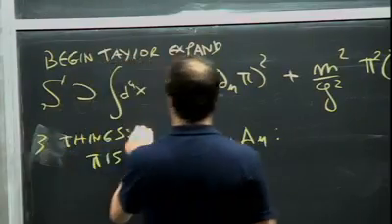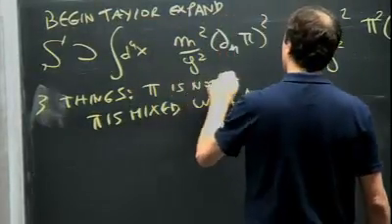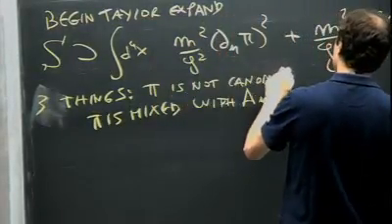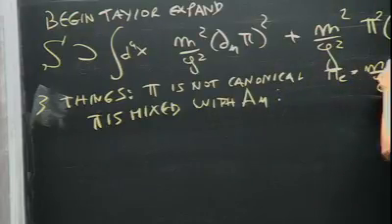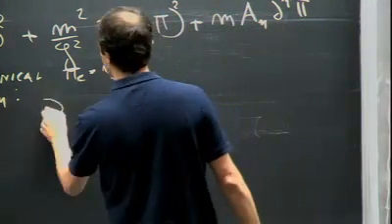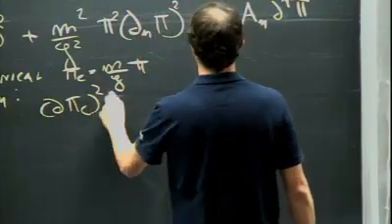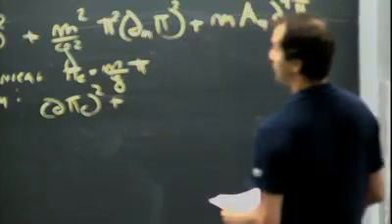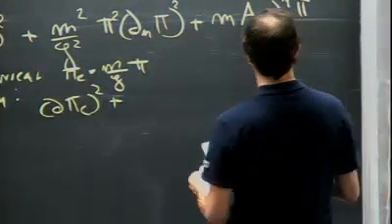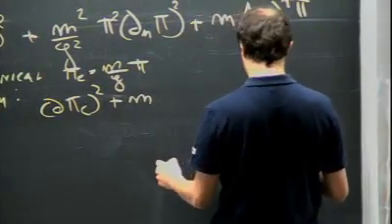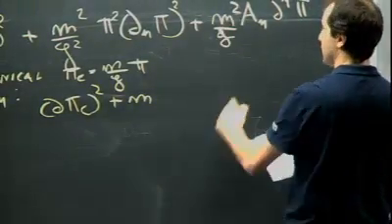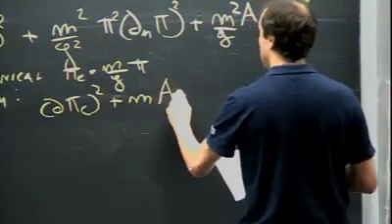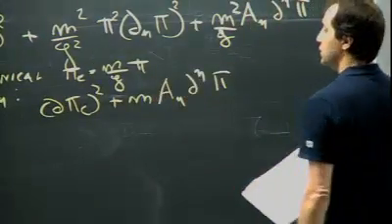Pi canonical is m over g times pi. Then pi is mixed with this, and if you go to the canonical normalization, you find that (d pi canonical)^2 plus m A_mu d^mu pi. Sorry, this was m^2 over g, and this becomes m A_mu d^mu pi canonical.